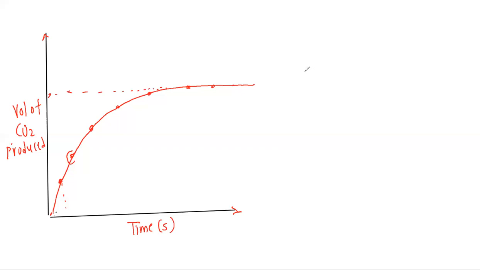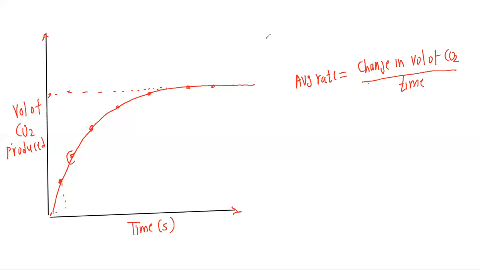Either you can find out the average rate. So how to find out the average rate of reaction? You find the change in the volume over some interval. Change in volume of CO2 divided by time.